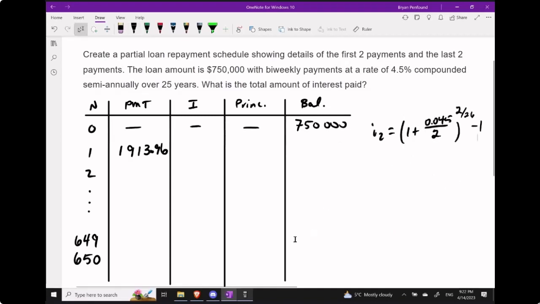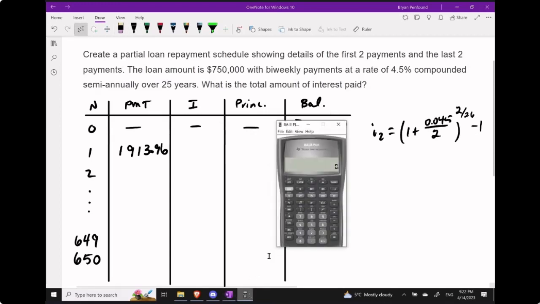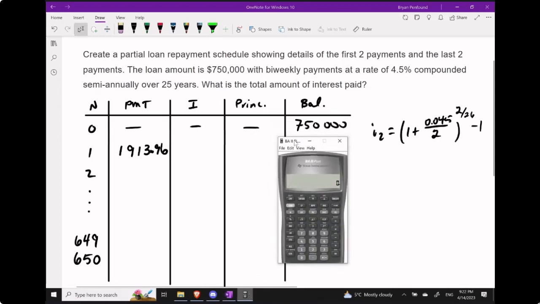In order to do that, we are going to need the value for I2, because the payment frequency is bi-weekly, but our compounding frequency is actually semi-annually. So calculating I2, we start with an open bracket, 1 plus our current rate, which is 4.5% compounded semi-annually.